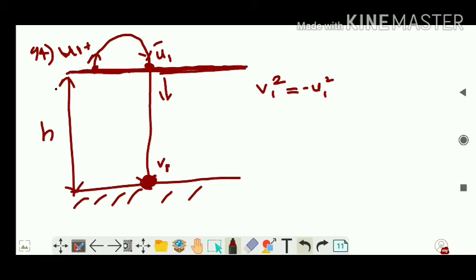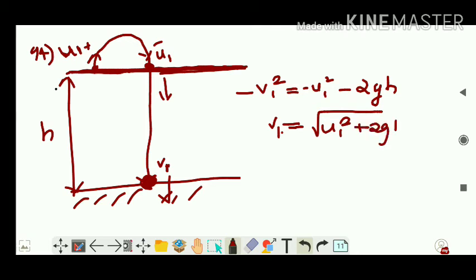So v1 squared is equal to, v1 is in the downward direction, so this will also be minus, and g is also minus, so I will write it as minus 2gh. So minus everything can be removed, or I can write v1 is equal to root of u1 squared plus 2gh, right? Let's keep that expression.